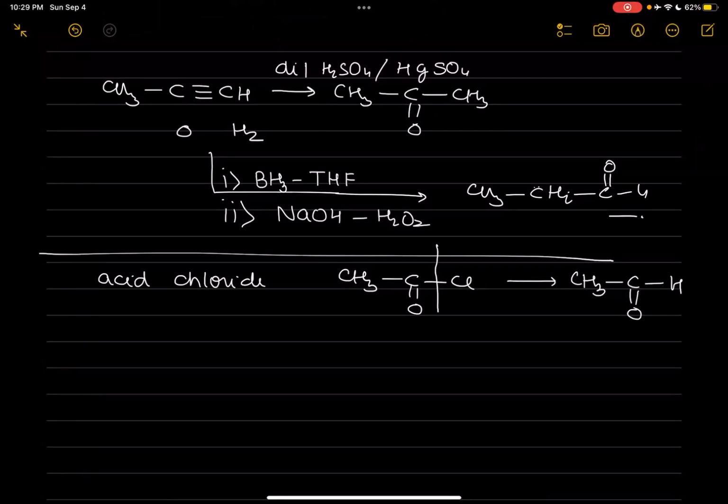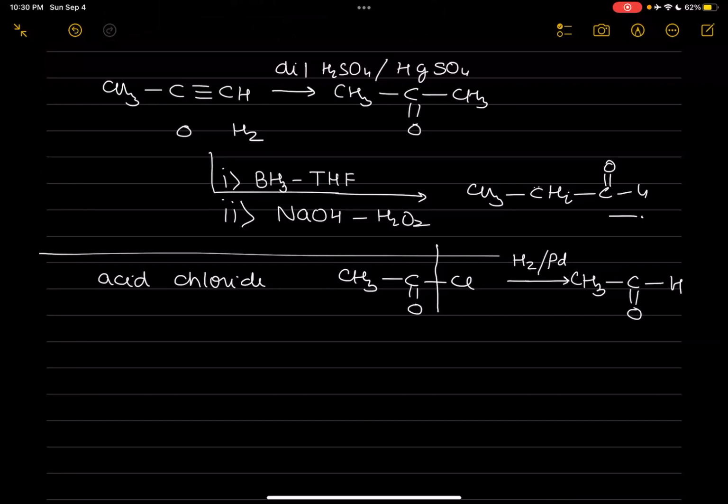So you take H2, Pd, that is the catalytic hydrogenation. For hydrogenation, palladium is the catalyst. Normally you take H2/Pd, but catalytic hydrogenation is very reactive, so it will reduce it to alcohol.